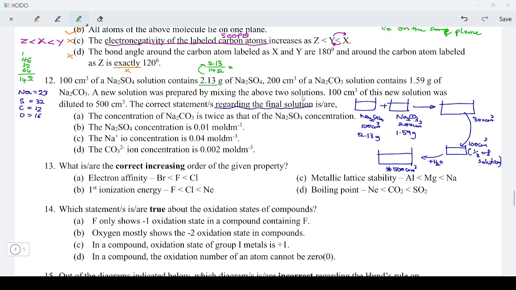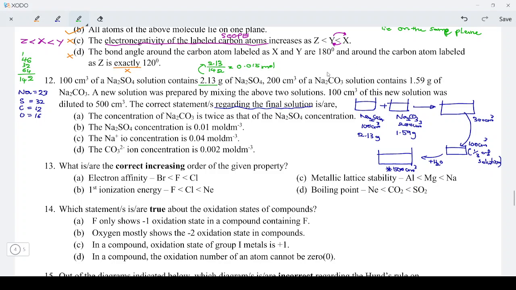It's not clearly seen as divisible, but if you try a bit, you can find. 2.13 divided by 142 is about 0.015. This is the number of moles of that compound.